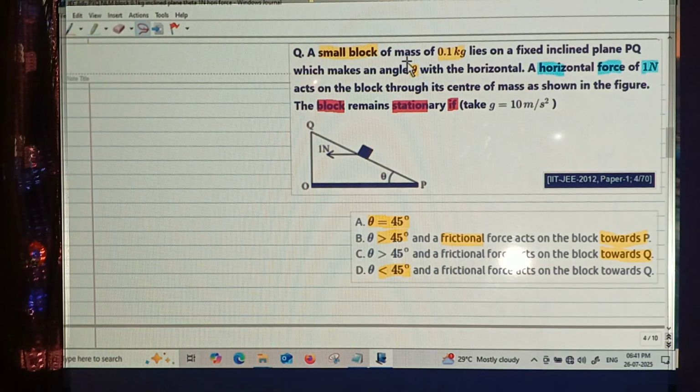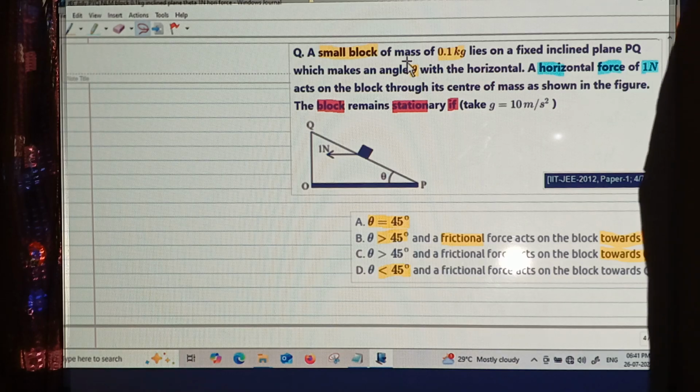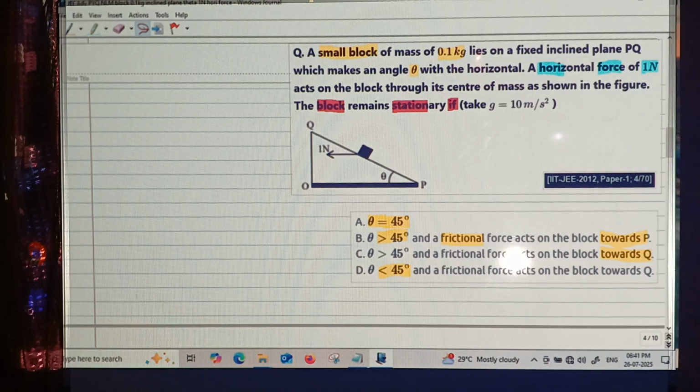This is the question. A small block of mass 0.1 kg lies on a fixed inclined plane PQ, which makes an angle theta with the horizontal. A horizontal force of 1 Newton acts on the block through its center of mass as shown in the figure. The block remains stationary if, take g equal to 10 meter per second square.